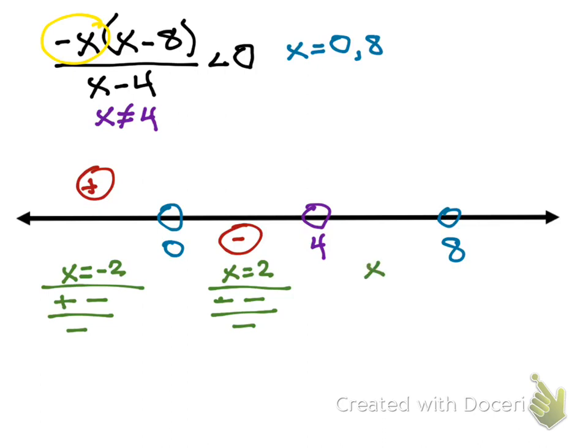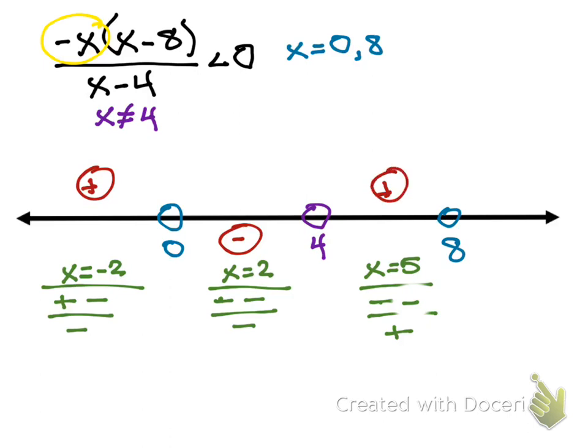Between 4 and 8, x equals 5, we would have a negative, positive over positive. Is that right? No, it's negative, negative over positive, sorry. I knew something was happening. That is positive.